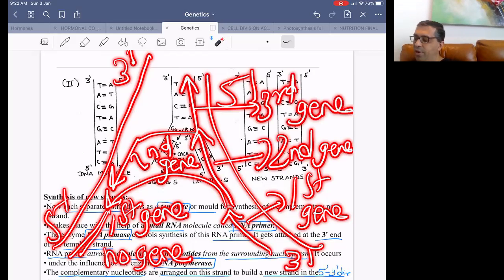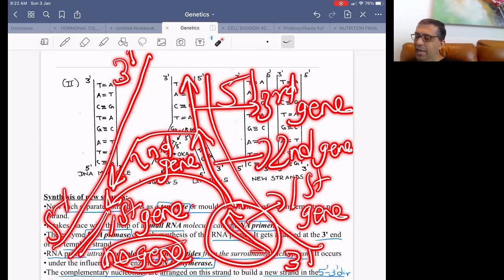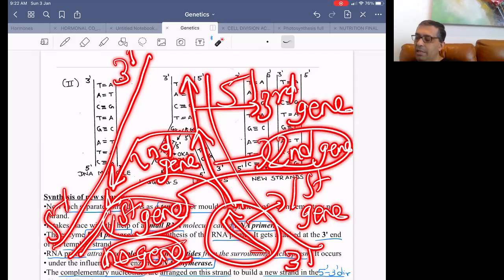So, first gene, no gene. Here first gene, here second gene, here second gene, here third gene.